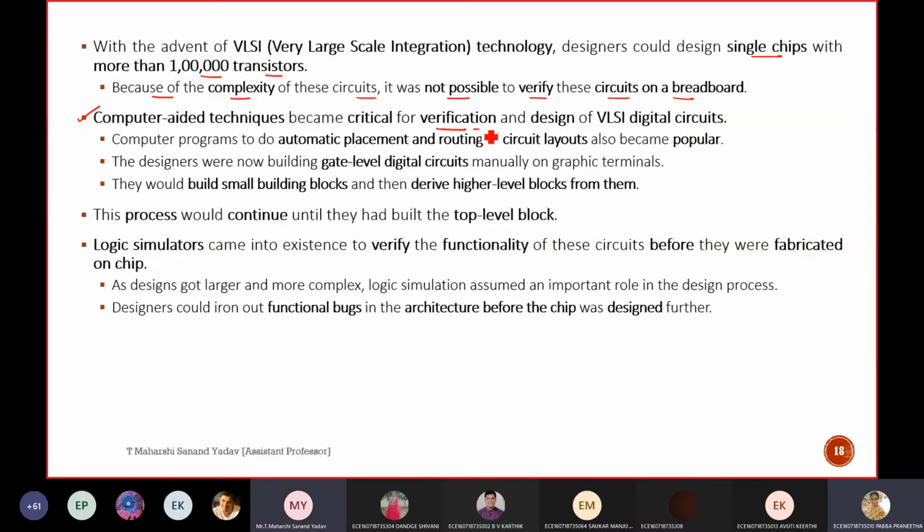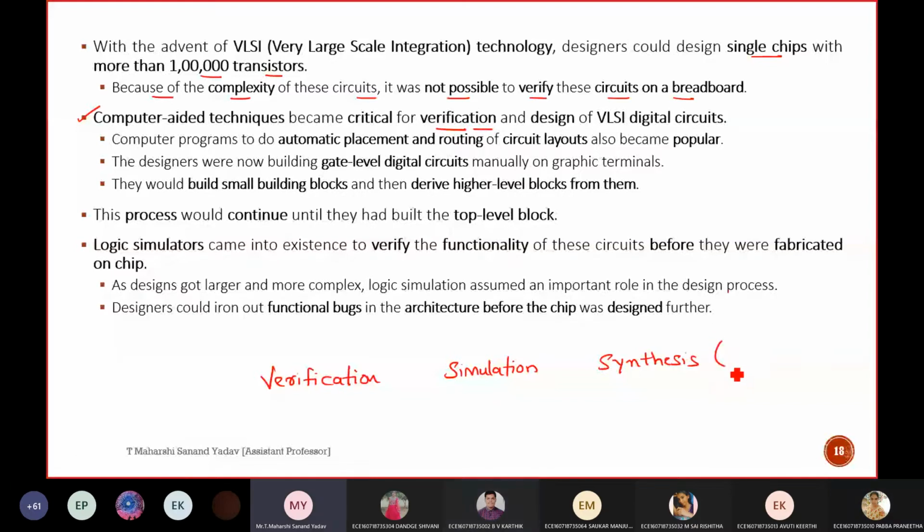What is verification and what is simulation? Verification is to check whether the output is correct for the given input. Simulation is the testing of the circuit, checking whether the circuit is working or not. Next. Synthesis. Designing of the circuit.